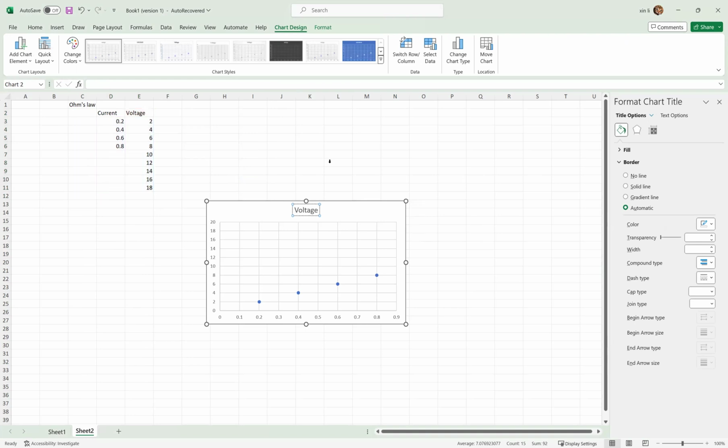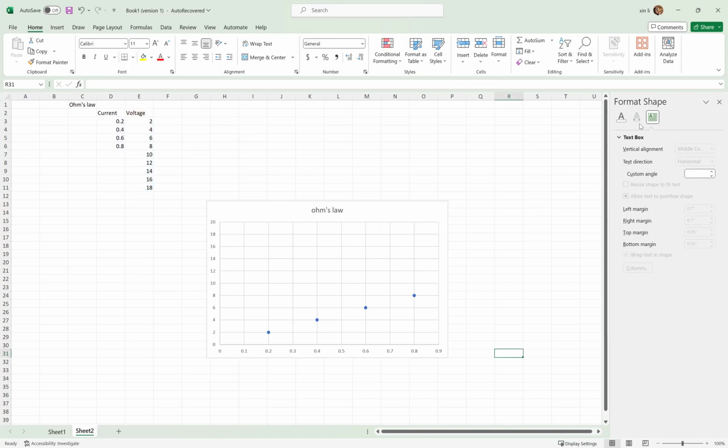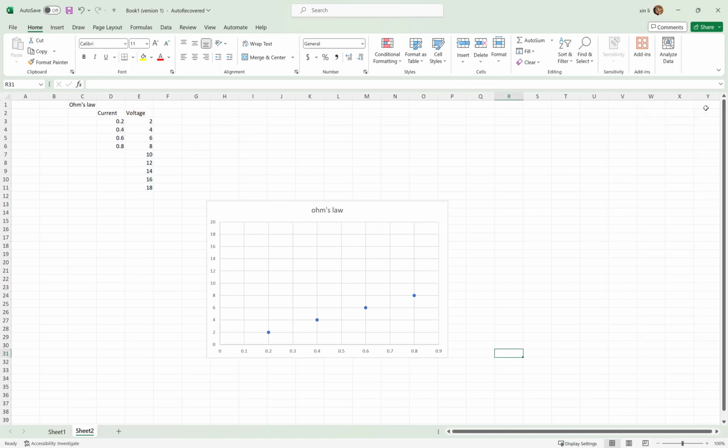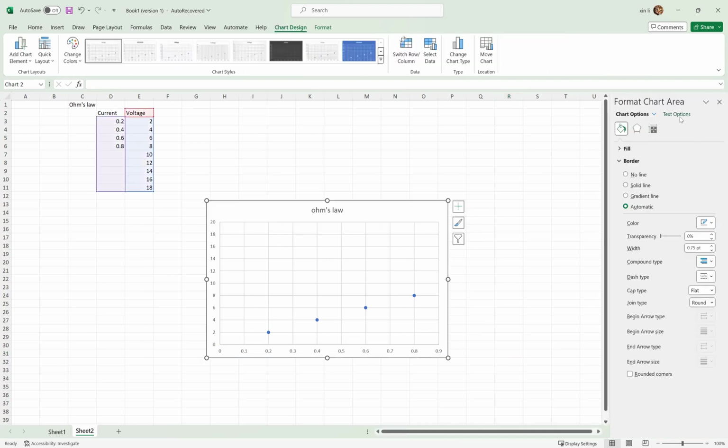So this is your voltage. This is Ohm's law. Okay, and then you are going to get your current as your x-axis. You can add text option. You can add the name for the x-axis here, okay?